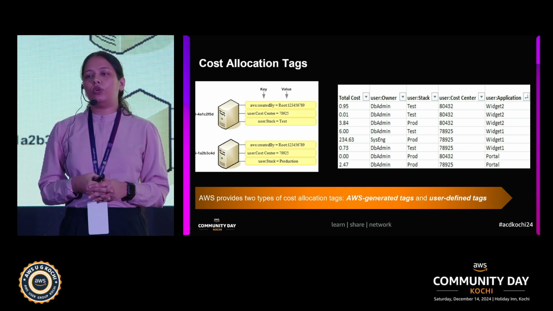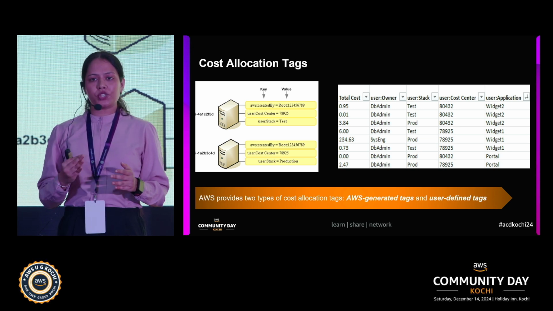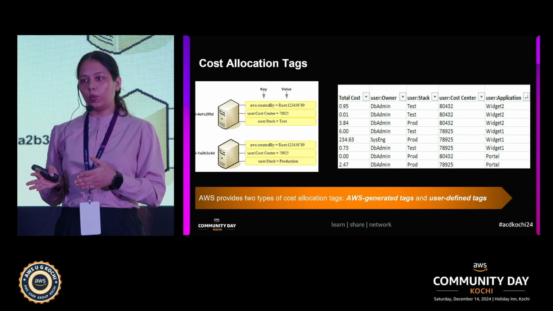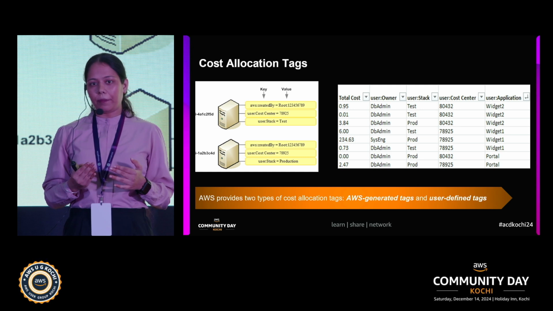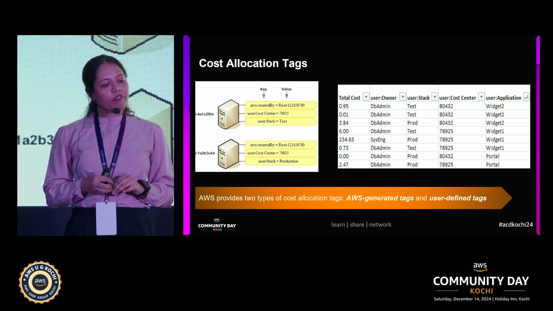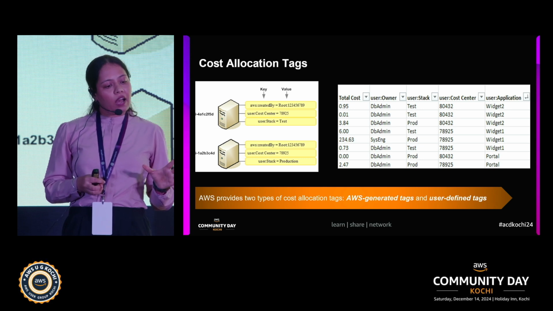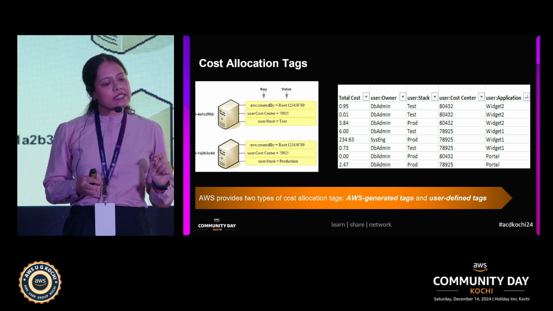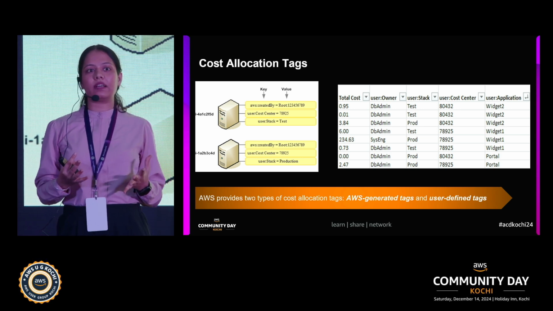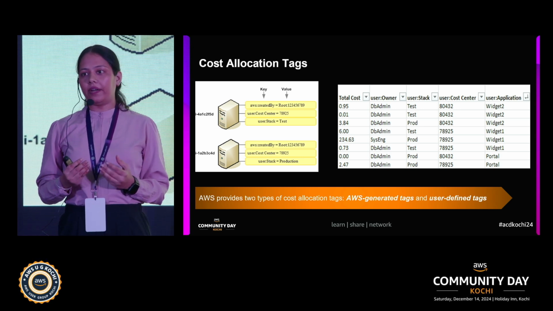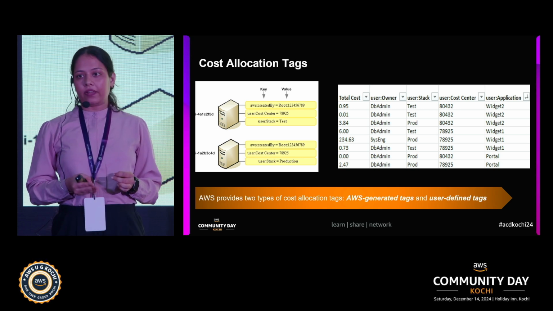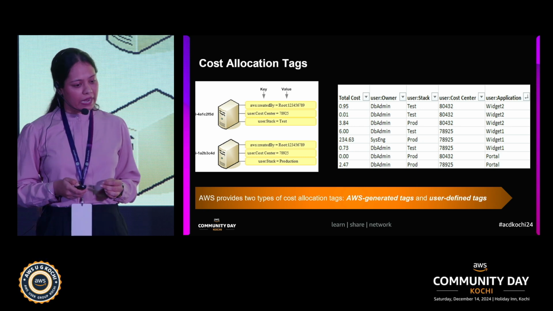And let's say we want to segregate whether it is a prod server, a test server, or a QA server, so that we are defining the environment of those servers. That will be user-defined tags. Here I have taken an example of key-value pairs, where some are generated by AWS and some are generated by the user. So why do we generate tags? To help us understand what is going on in the environment and what the server or the resource is all about. It will be helpful in getting more understanding.